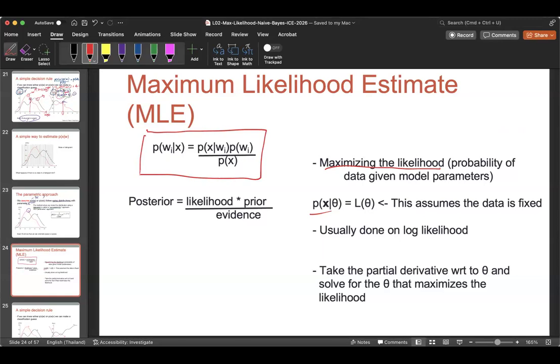But usually when we talk about this equation, we have special names for each of the terms. We usually call this one the likelihood, this one the prior, this one the evidence, and this one the posterior. This is a standard naming convention, where X is the data and W is the class.